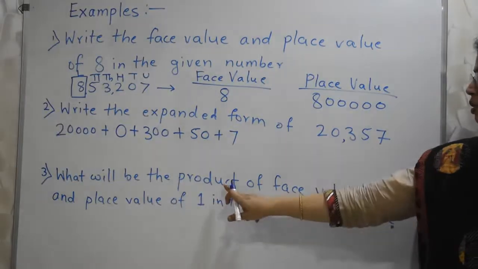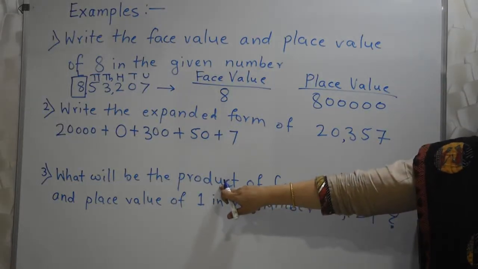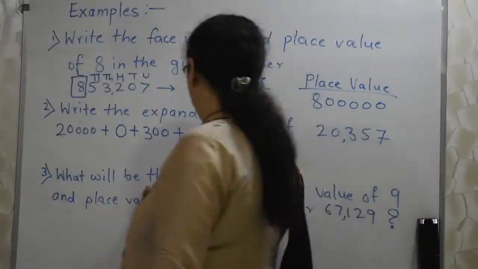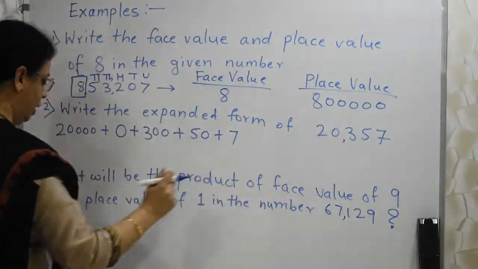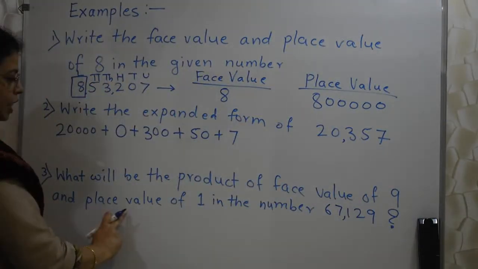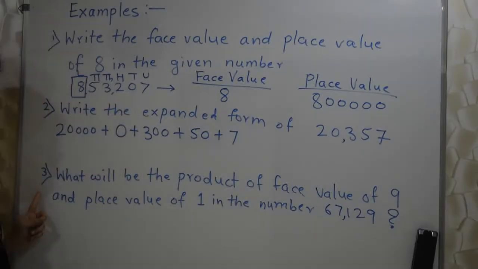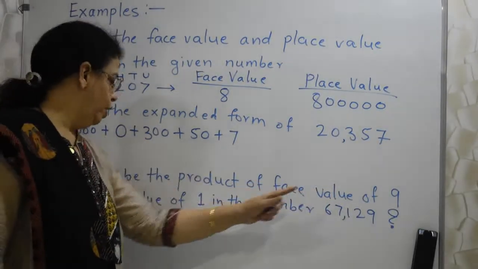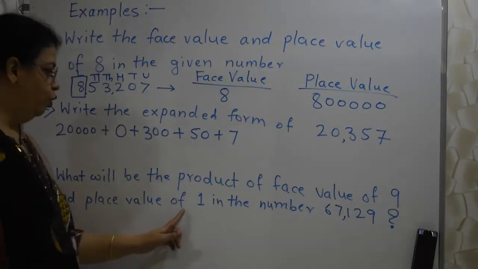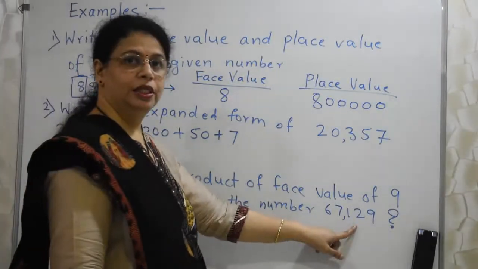Here I have asked you the product. Product means the multiplication. Okay, what will be the product of the face value of the digit 9 and place value of digit 1? Now the question number 3. What will be the product of a face value of 9 and the place value of 1 in the number 67.29?